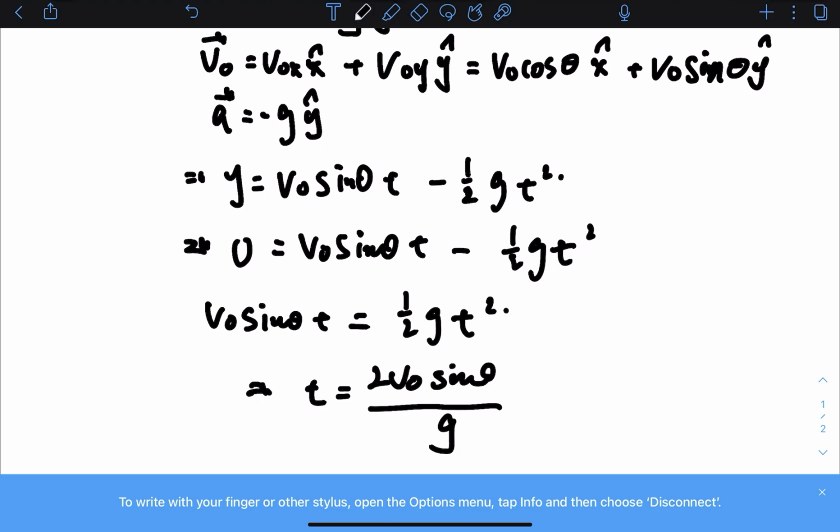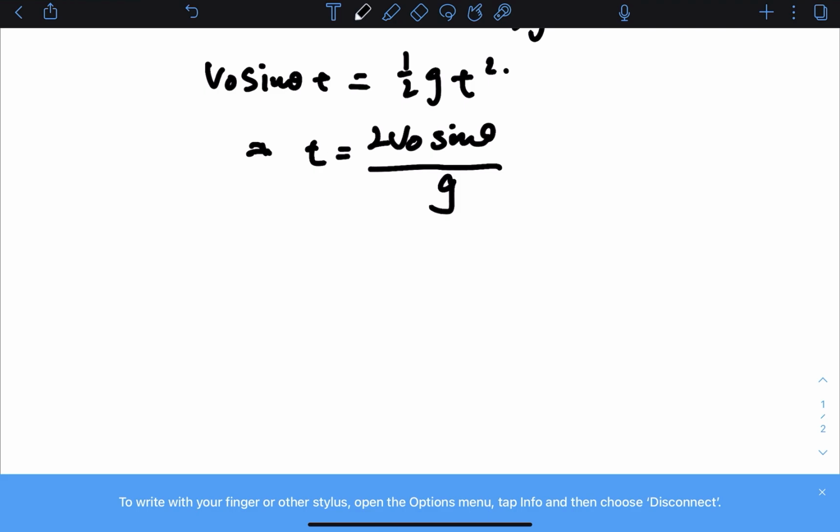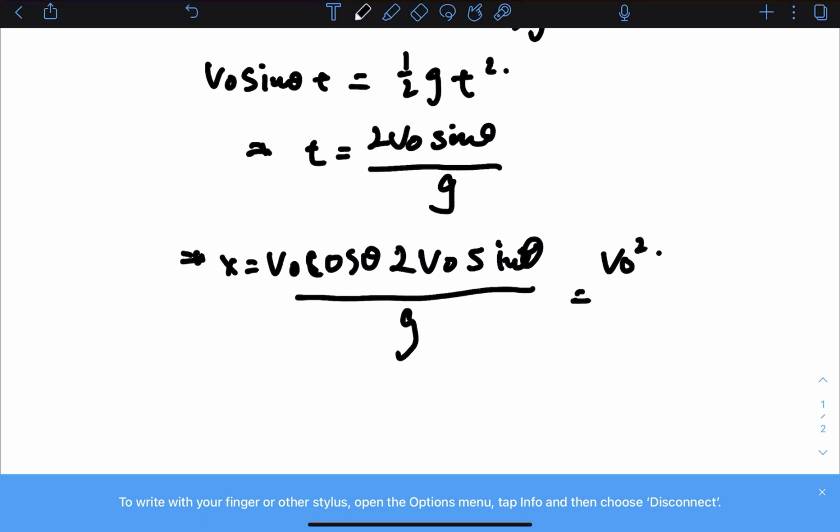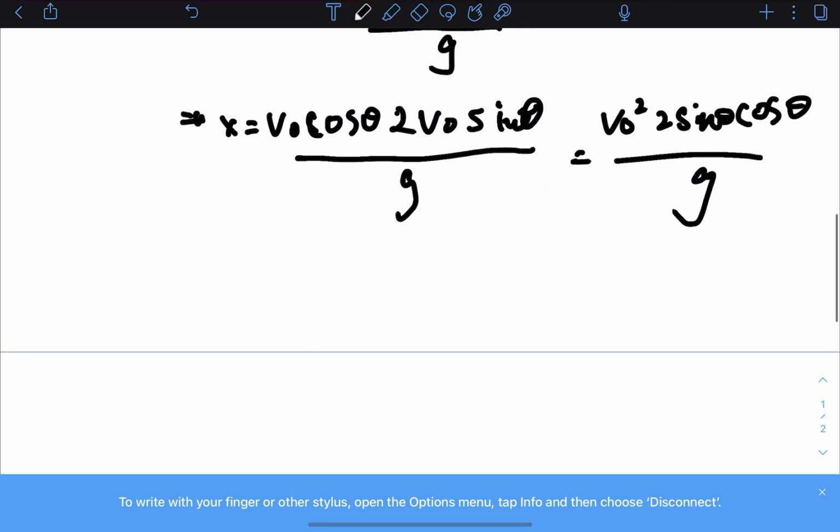So when the cannonball starts with the initial velocity v0, it has two components, and this is the time it takes to reach the ground. How far is it really going to travel? In the x direction, it's moving with a constant velocity, so the range is v0 cosine theta multiplied by this time, 2 v0 sine theta over g. This gives v0 squared 2 sine theta cosine theta over g.